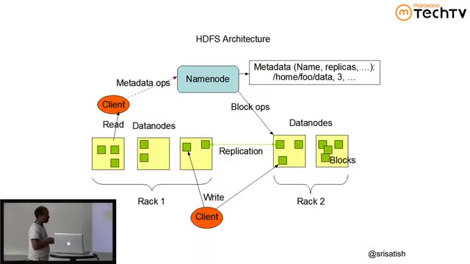So, double-clicking on the HDFS architecture, the actual setup is you have a name node which is in charge of all your metadata, all your access to actual files. You have a bunch of data nodes where you store the real data, and clients have read access directly to them.